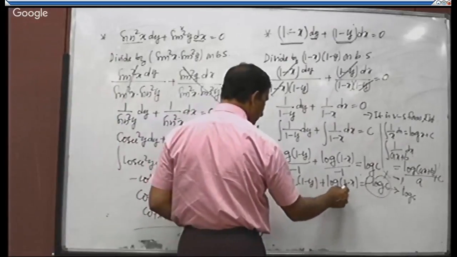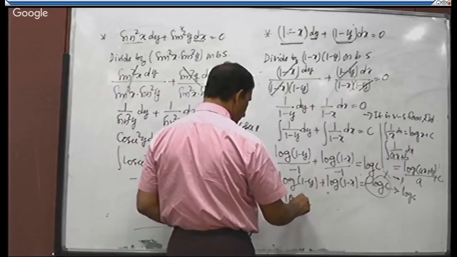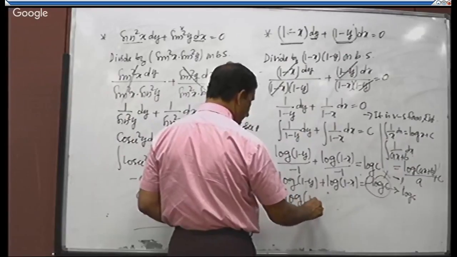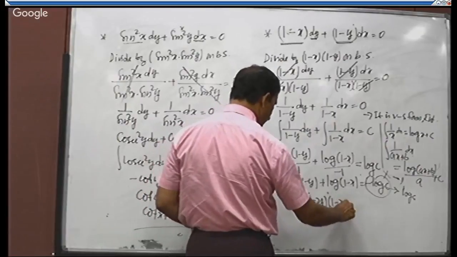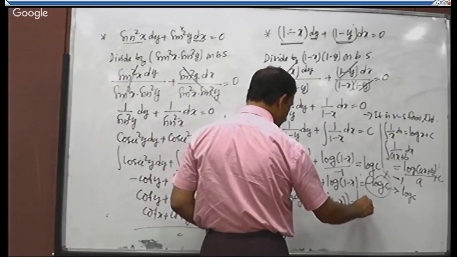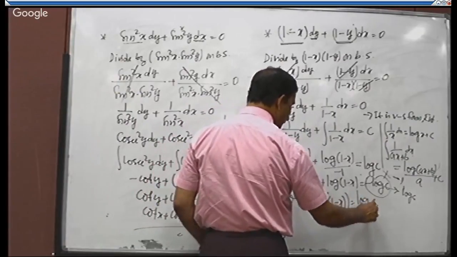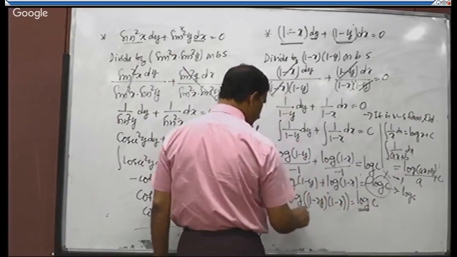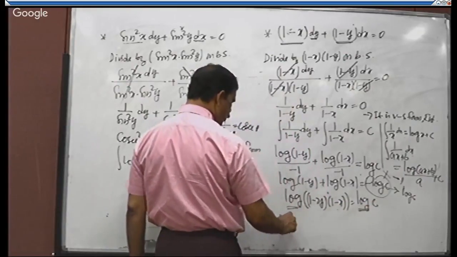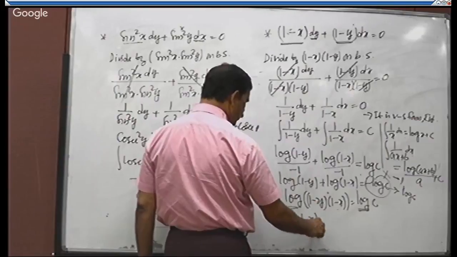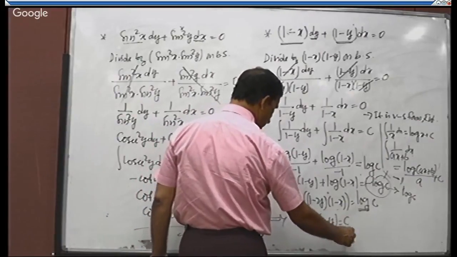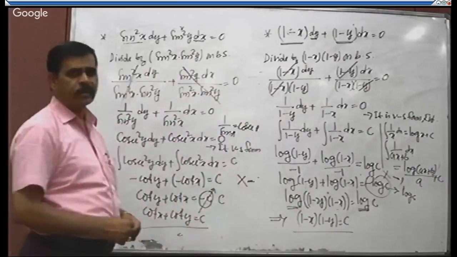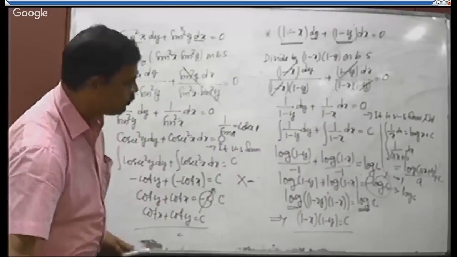Log m plus log n is equal to log mn. According to that, log of 1 minus y into 1 minus x is equal to log of c. By taking anti-log, it will become 1 minus x into 1 minus y is equal to c. That's the solution. Okay.